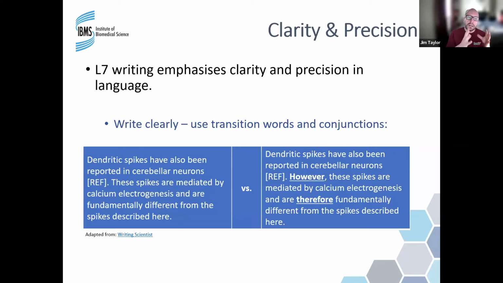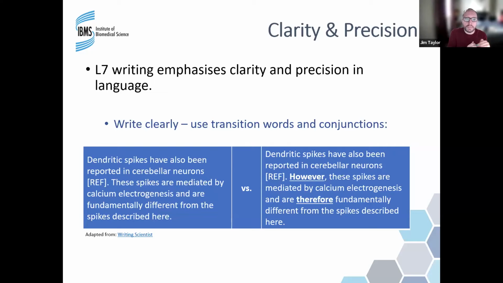So again, the example on the left is 2 sentences that show some kind of relationship between dendritic spikes, but it's unclear to the casual reader or to the person marking it. It's unclear what the relationship is as you start reading that second sentence.